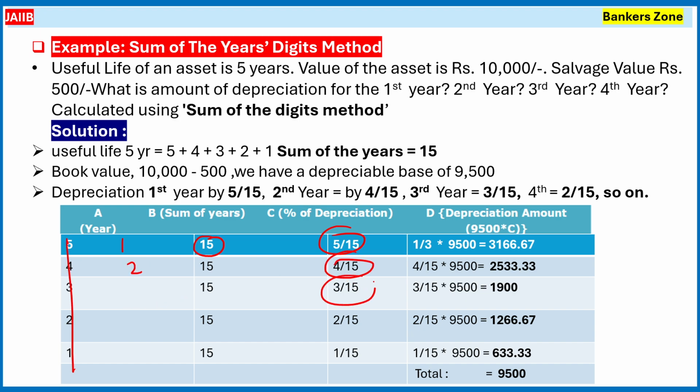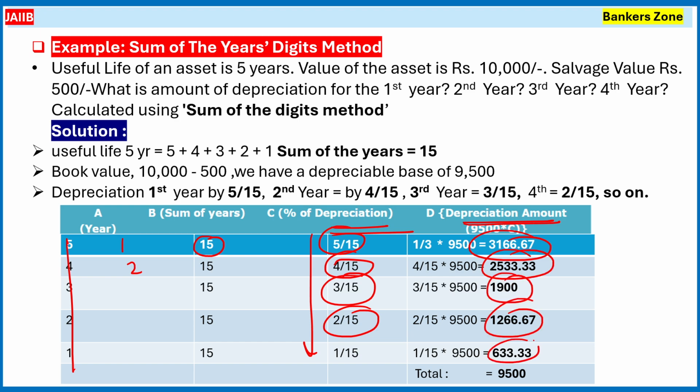For the third year, the next one, and for the next year 2 by 15. That means you have to decrease it by 1 each time, which means more depreciation in the early years. Simply multiply that depreciation rate by the depreciable amount and you will get the depreciation for that particular year. If you add all that depreciation, it must be equal to the depreciable amount. Then you can see your calculation is correct.